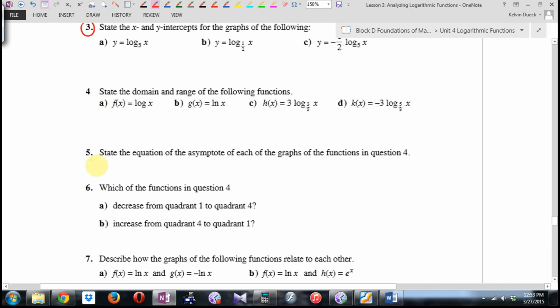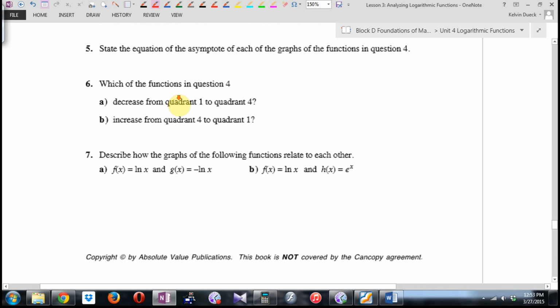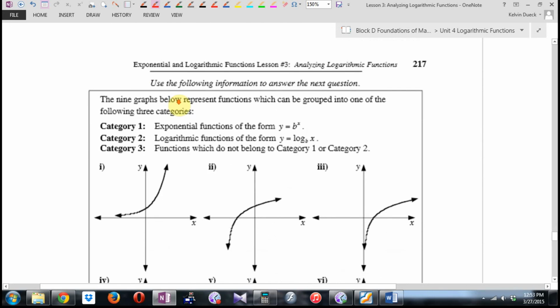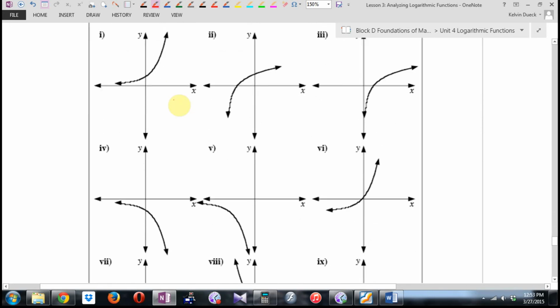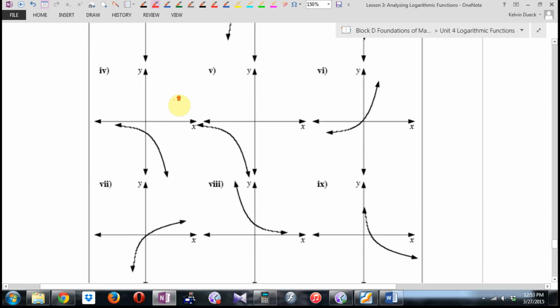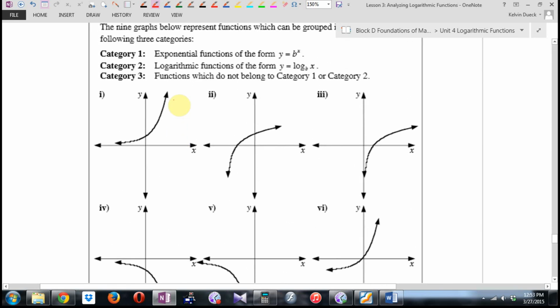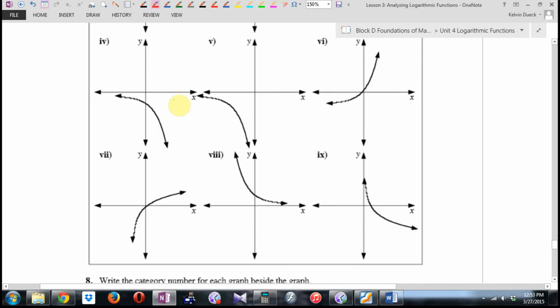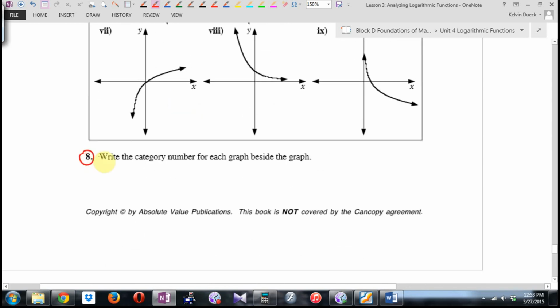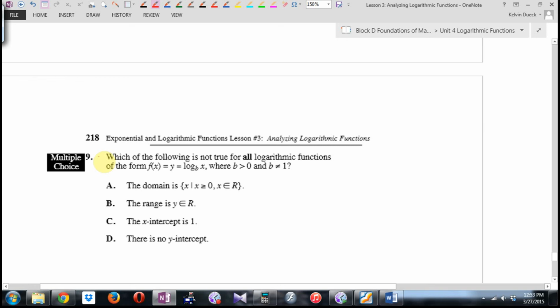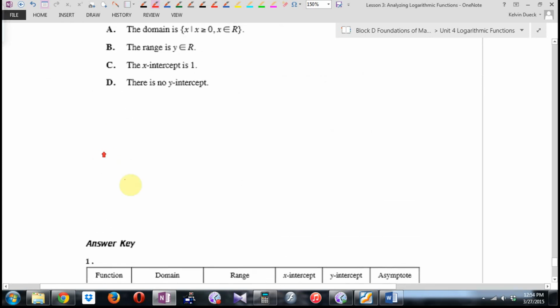Right now it's 1, 2, and 3 because I haven't yet talked about what happens when you put a number in front of the log, although you can play with the graphing calculator and figure it out yourself. 4a, you can do that one. I think you can do number 8. We'll kind of pause there.